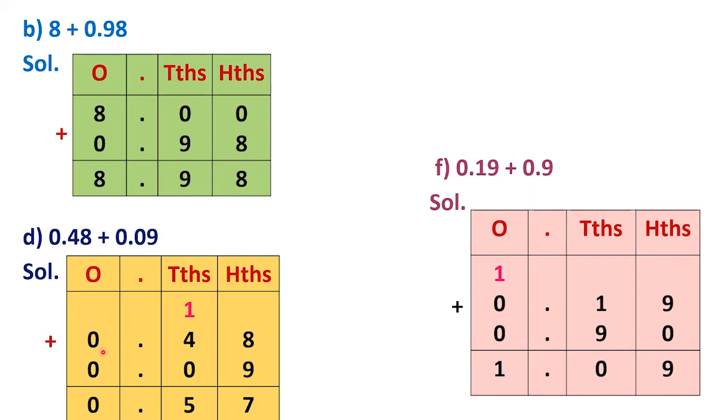The first value is 0.48, the second value is 0.09. When we add 8 plus 9, we get 17. So 1 is taken as carry and 7 is written here. Then 1 plus 4 is 5, decimal below the decimal, and then 0 plus 0 is 0. So the answer is 0.57.